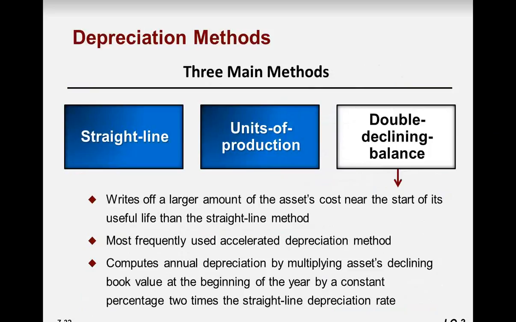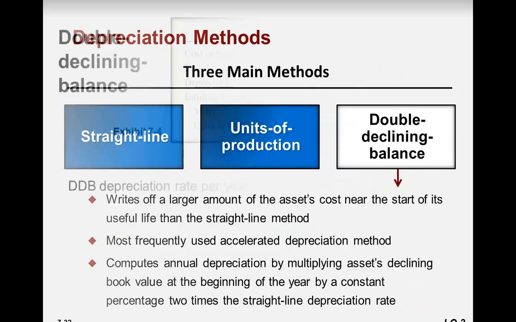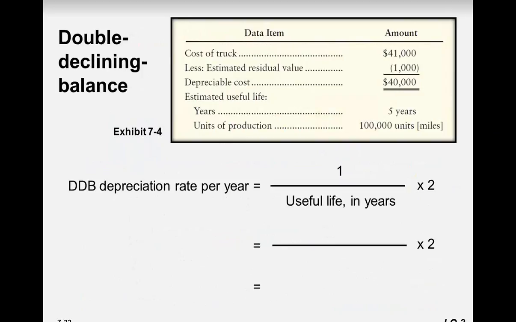How can you determine the rate if you haven't already done the straight line? You can take 1 divided by the useful years of life. The 1 stands for 100%. So if I have 100% divided by 10, that would be 10% times 2, or 20%.